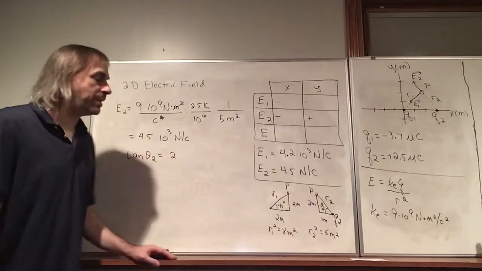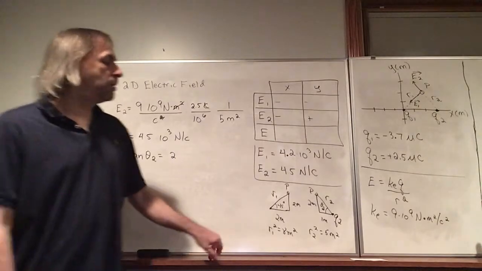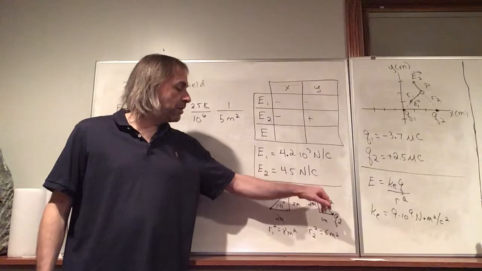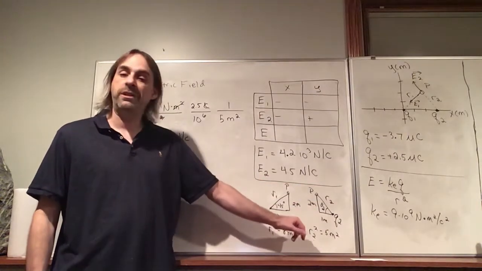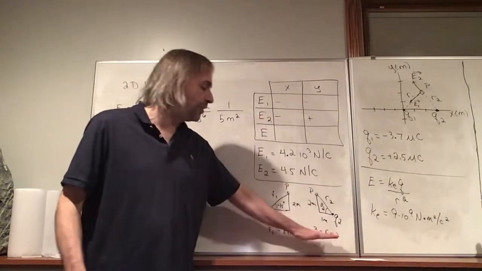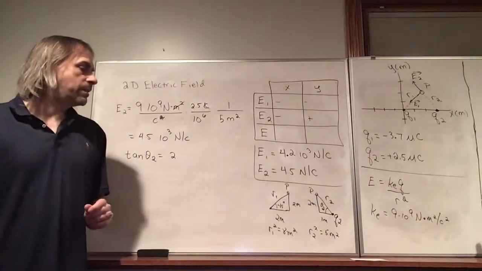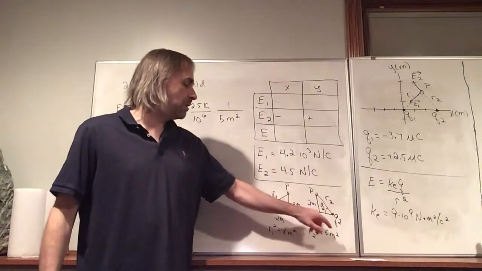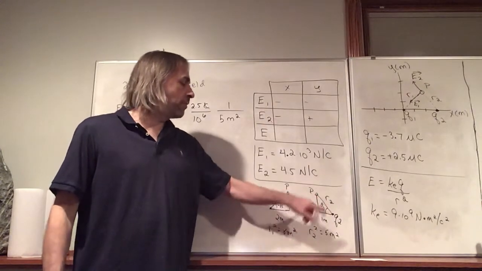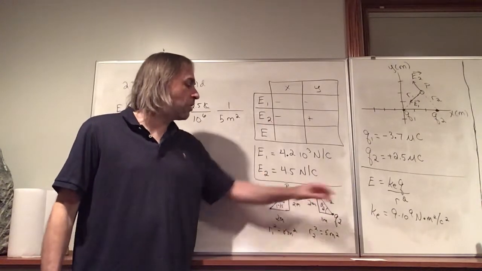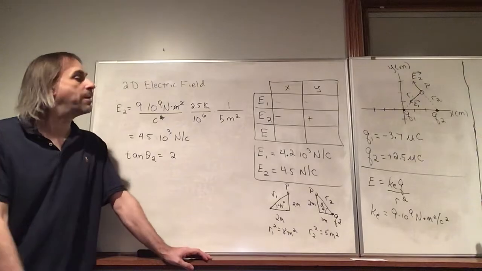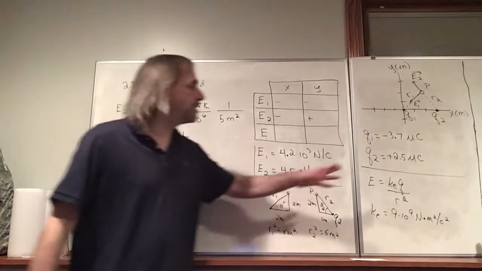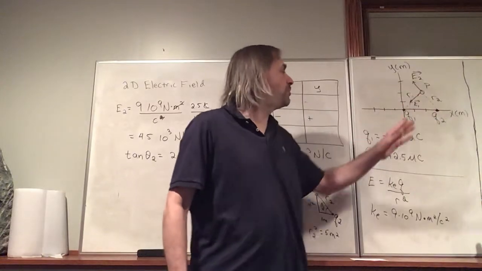Now, why tangent instead of sine? Well, a couple of reasons. One, in order to take the inverse sine, we'd have to do 2 meters over R2, so we'd have to take the square root, which will involve some rounding off. But probably a better reason is that this R2 is further removed from the information we were given. I'm very confident in these numbers: go over 1, up 2.